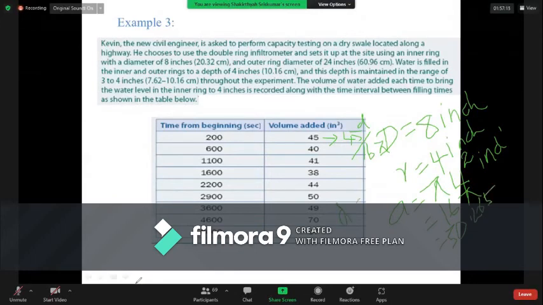So the depth is 45 divided by 50.265, which is 0.895 inches.